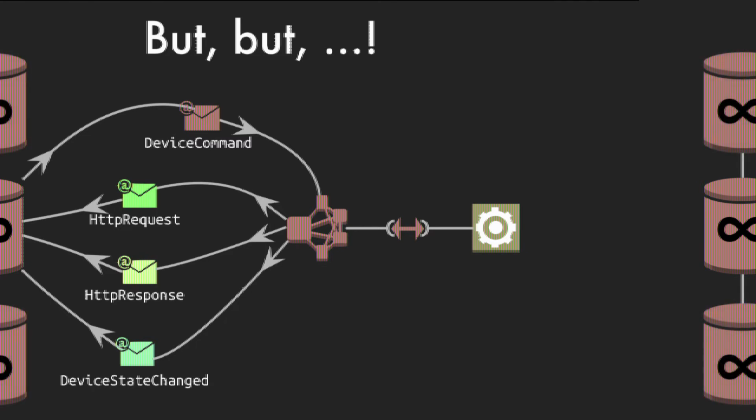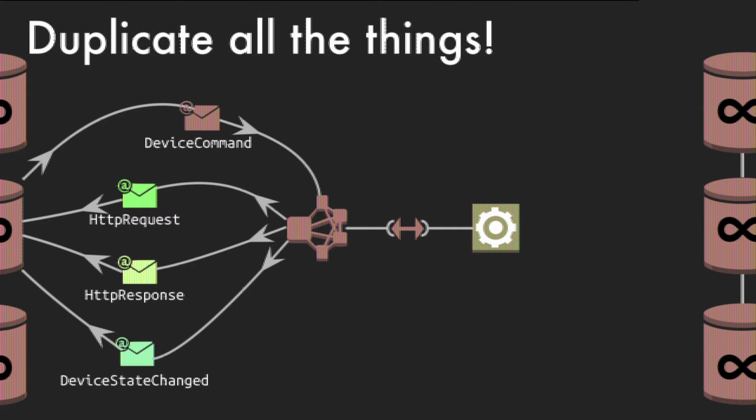So what we're going to do is multiply these infinities, and we're going to duplicate and replicate all these events in the journal. And then we might actually duplicate all the things. What I mean by that is the state that we have in the service, we might want to write to its own database. So a service that keeps a state that represents the device will probably keep its own storage.